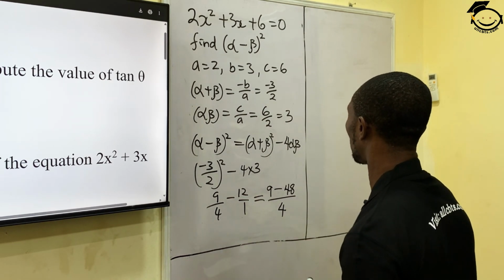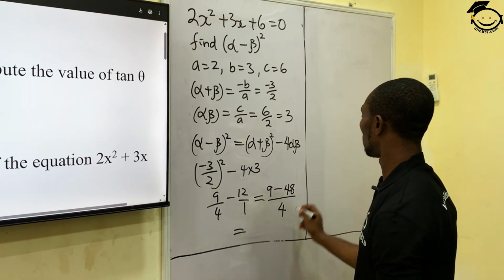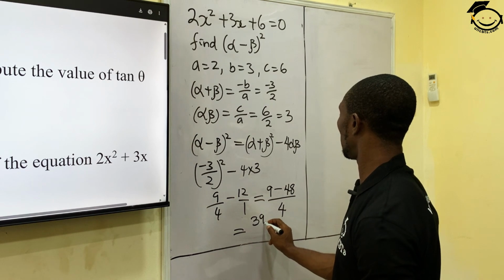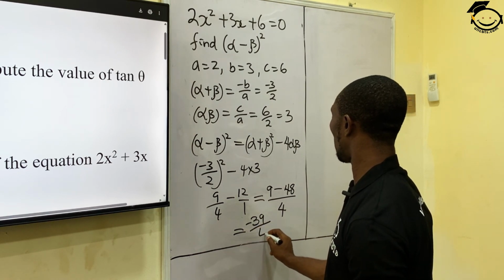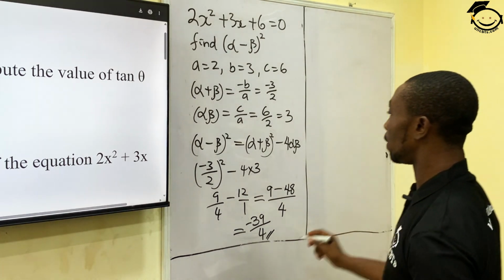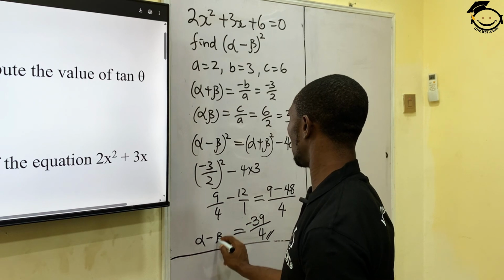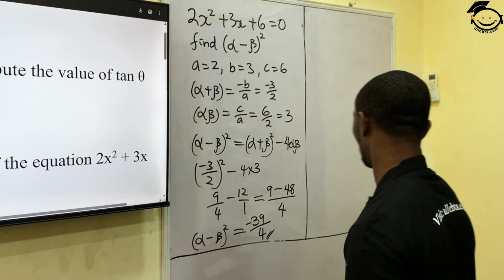So 9 minus 48 will give us minus 39. So minus 39 over 4 will be our result for alpha minus beta all squared.